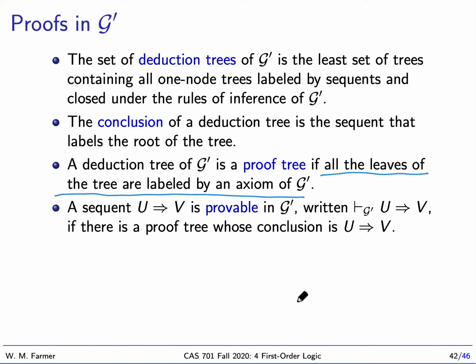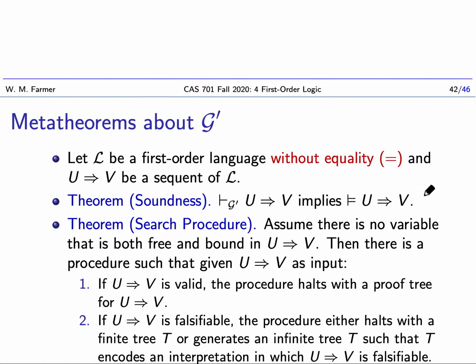And then a sequent is provable, which we write like this, if there exists a proof tree whose conclusion is this sequent. So this is entirely analogous to propositional logic. Notice we didn't mention the notion of a counterexample tree.